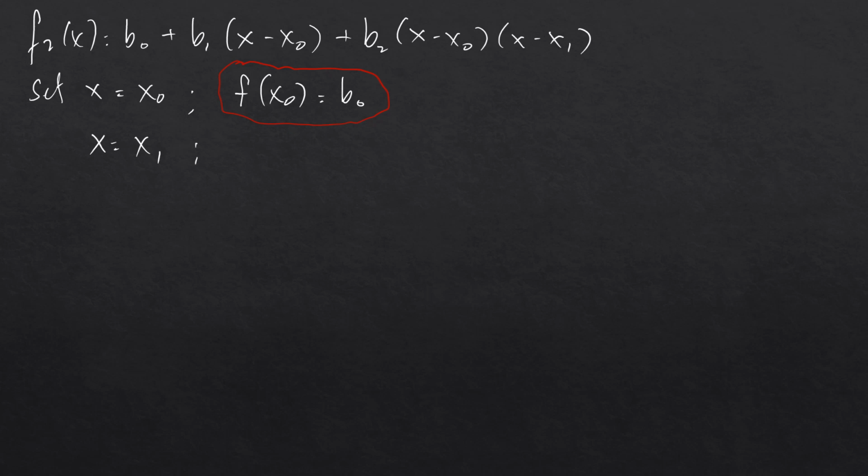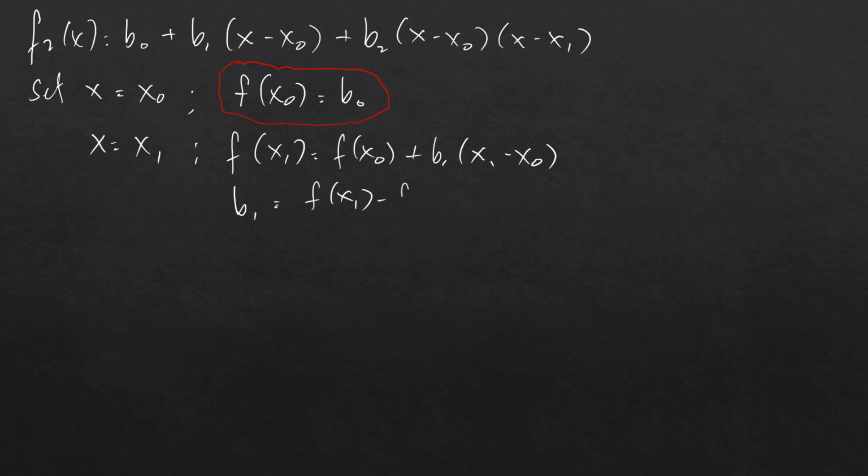So we have f2 of x, which is f of x1, equal to b0, which is f of x0, plus b1, your x is now x1 minus x0. So solving for b1, that is f of x1 minus f of x0 divided by x1 minus x0.